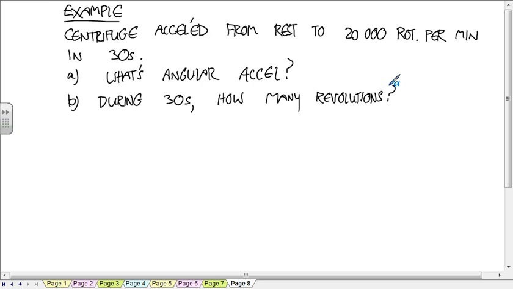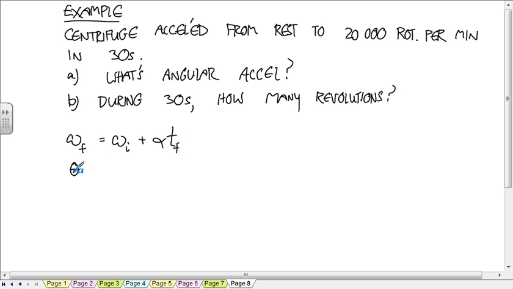So looking at this, do you have any idea what equations to use to solve something like this? So this is the kind of problem where you're going to use those analogs of the constant acceleration equations. Okay, so the three equations that you're going to use are omega_f = omega_initial + alpha t_final.